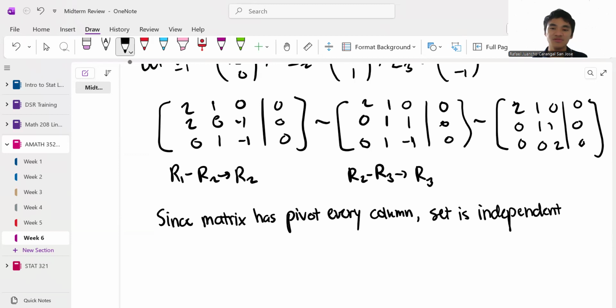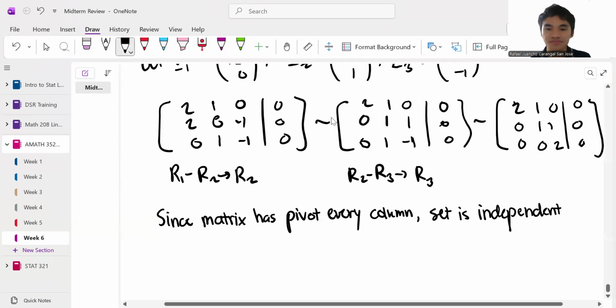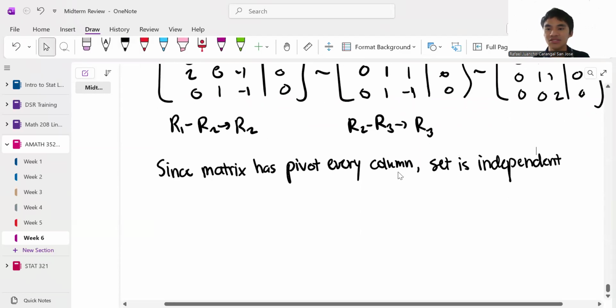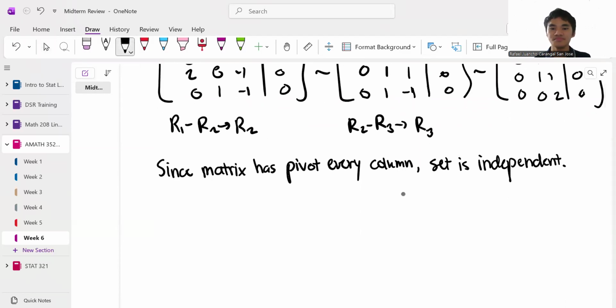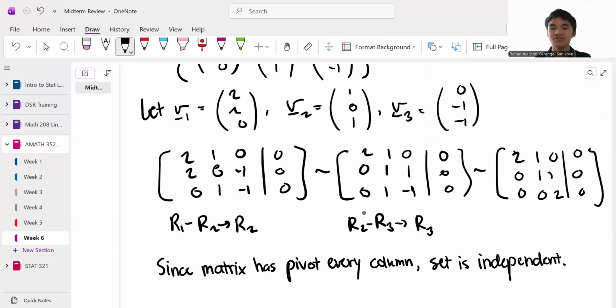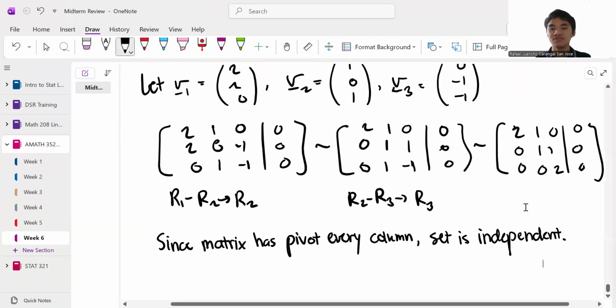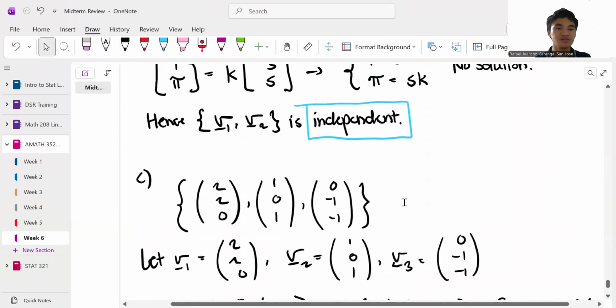There can't be another solution. We can try using back substitution, but based off of experience, here we see alpha 3 is 0. Alpha 2 and alpha 3 are 0. Alpha 1 and alpha 2 are 0. Okay? So this is independent. So this matrix in echelon form has a pivot in every column. So the set is independent.